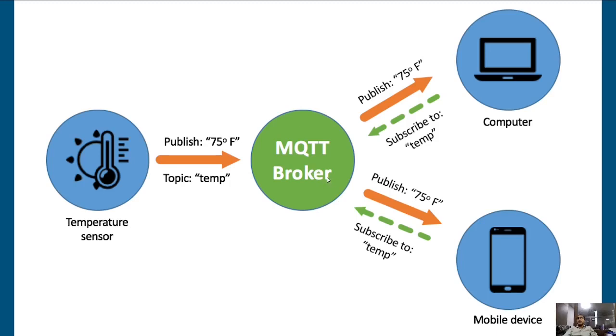Since it has subscribed to that, it will only get that sensor data. The advantage of this kind of mechanism is that there is isolation between the publishers and the subscribers. It offers an architecture which is more fitted for IoT applications with resource constrained devices.